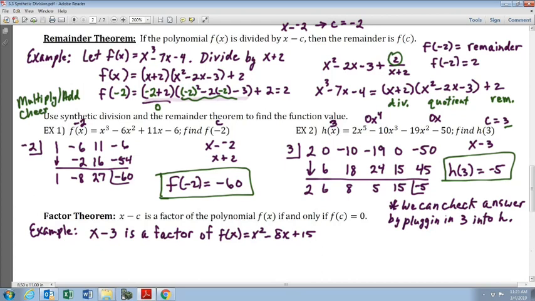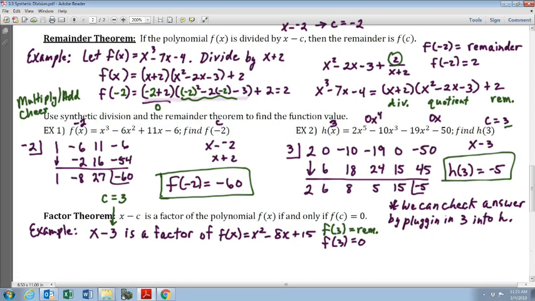So what this is saying is f of c is equal to 0. Well, in our problem, c is 3 here. And so by the remainder theorem, we know that f of 3 is going to equal the remainder. But when we did problem number 1, we got a remainder of 0. And so in this case, f of 3 was equal to 0, which is what the theorem says.